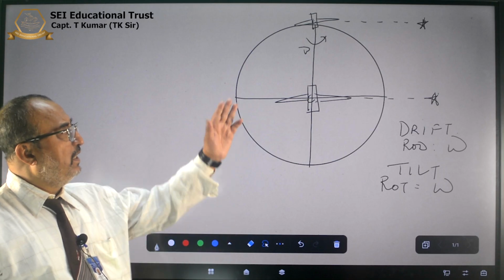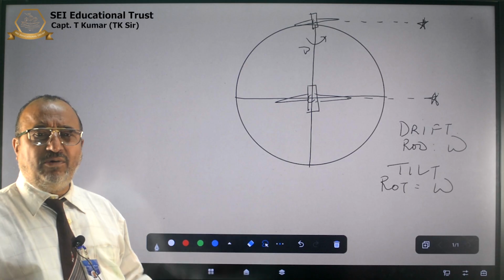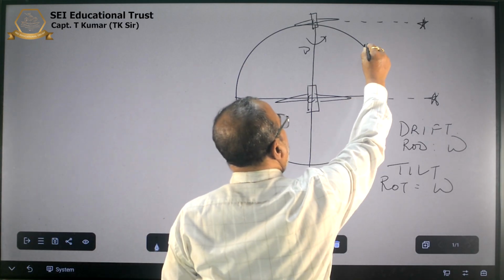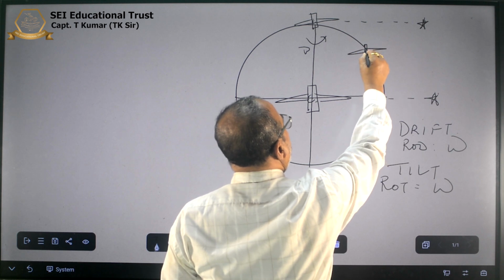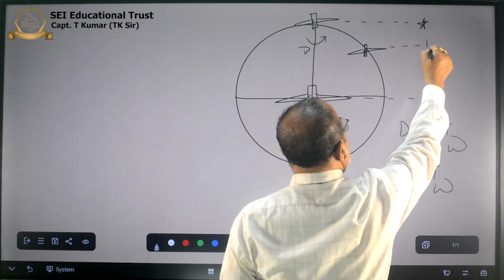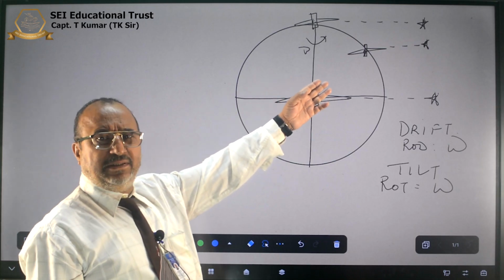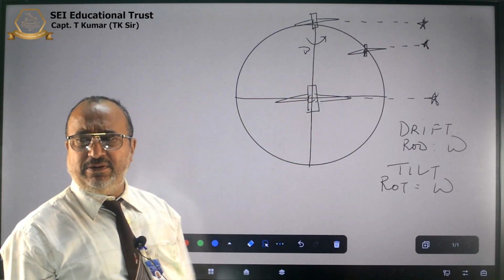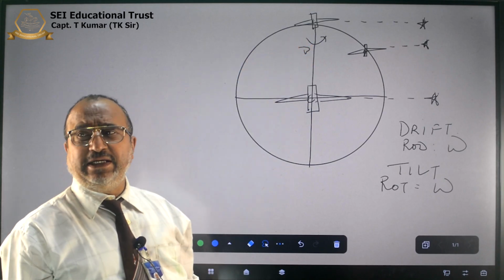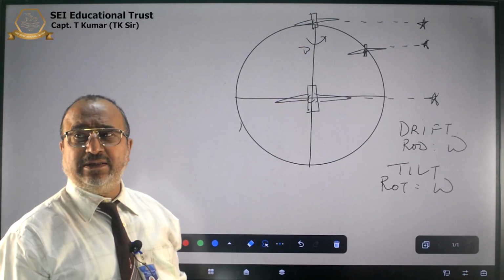So, what happens at any other latitude? At a latitude there will be drift and tilt both. Say we take it as here. Again, the same principle: it is pointing to the gyrostar, it will continue to do so. Now, this gyroscope on the pole has a plane passing through the center of the Earth.